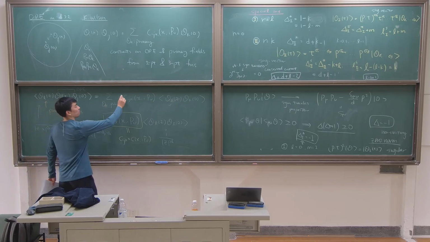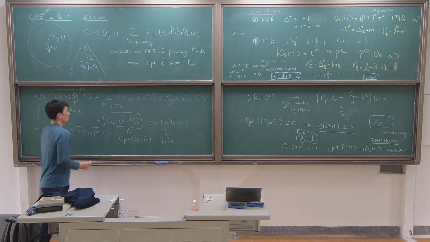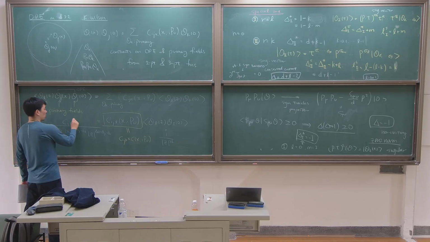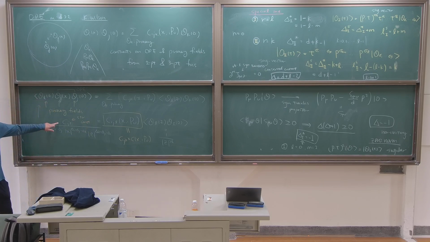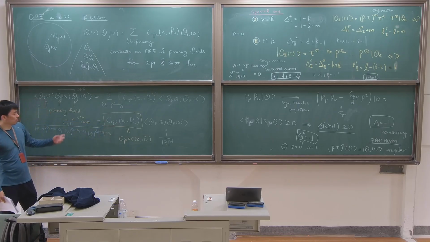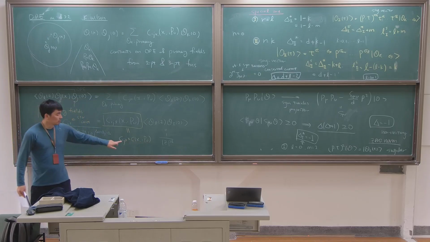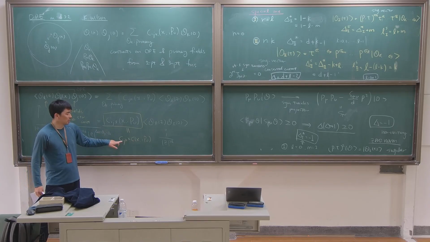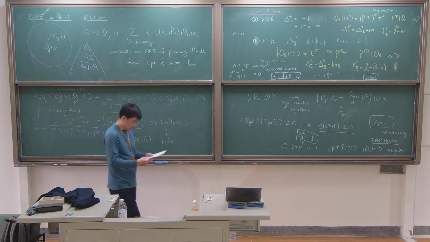Do not confuse this: this function is in x and the derivative p, while C_ijk is the structure constant of the 3-point function. So this function can be written as the structure constant times some scalar function, which is independent of ijk. If you compare between these two, one can determine the structure constant order by order.